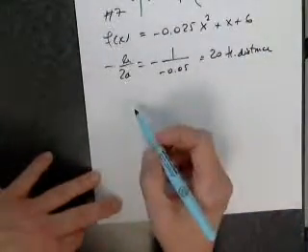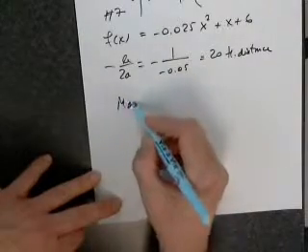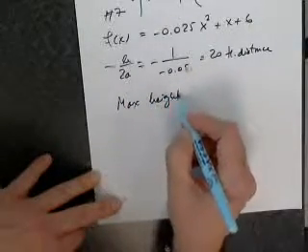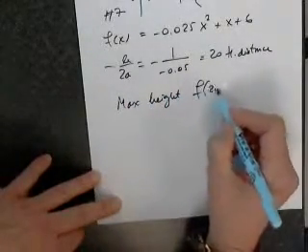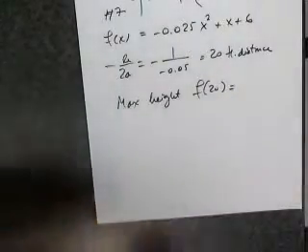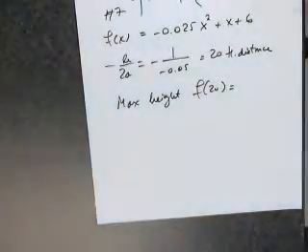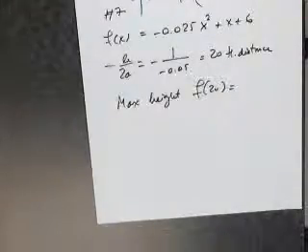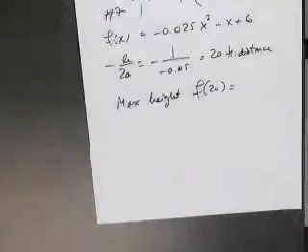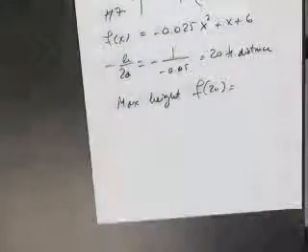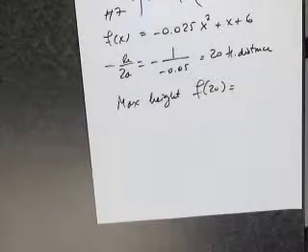But now what is the maximum height? Exactly, f of 20. So I'm going to do this with a graphing calculator. Negative 0.025 multiplied by 400 plus 20 and plus 6.